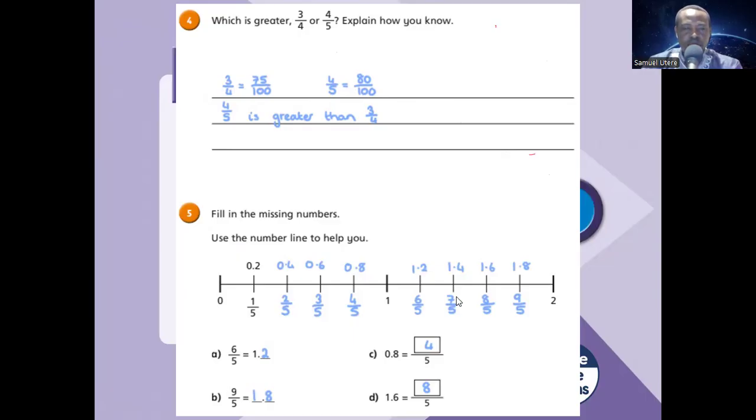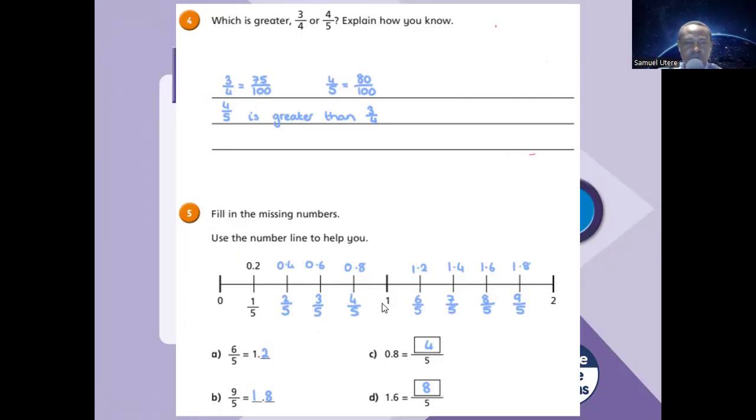Next one, you were asked to fill in the missing numbers, and you are using the number line. By now, you should know the equivalence between the fifths and their equivalent decimals. So here are the answers. Just to discuss these quickly, you can see that it's going up. We have 0, and we know the interval is 0.2.